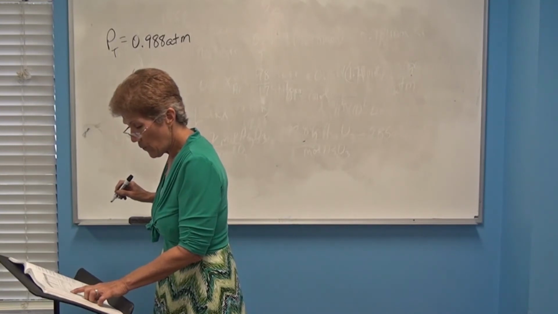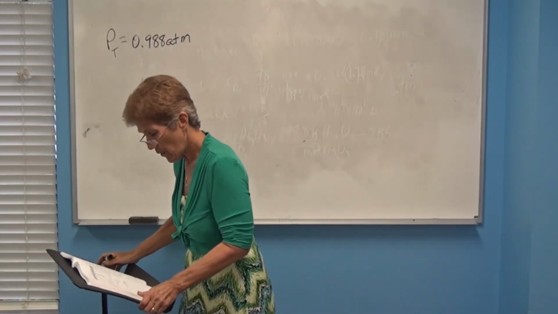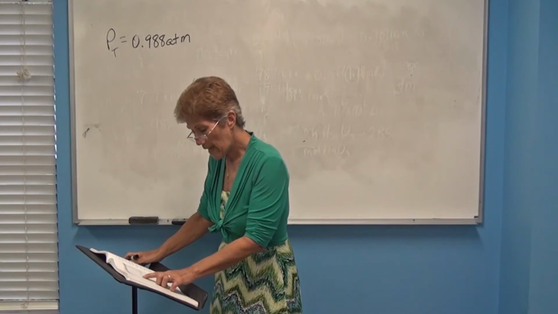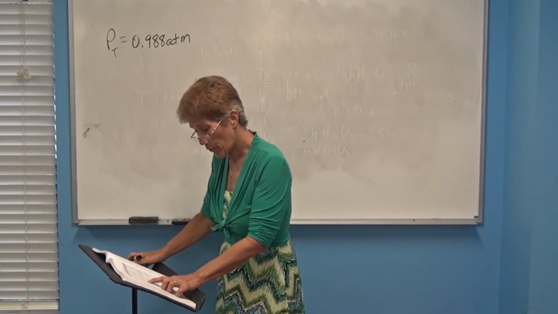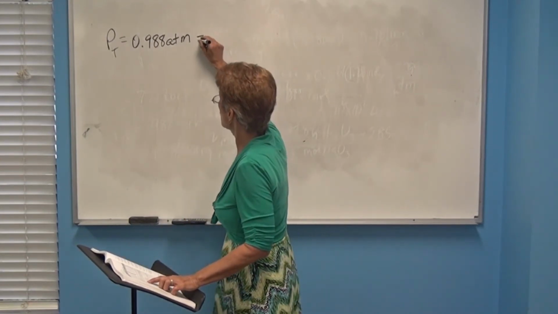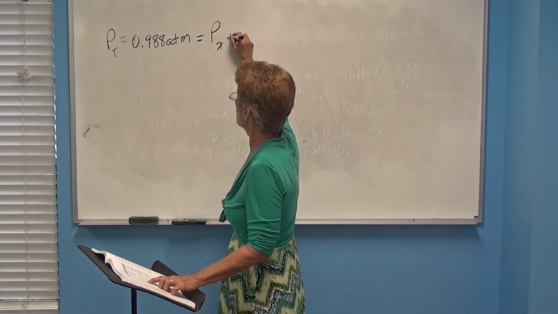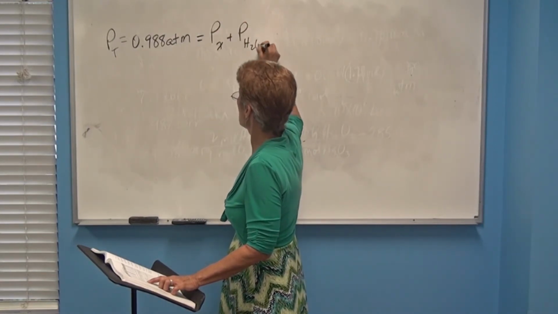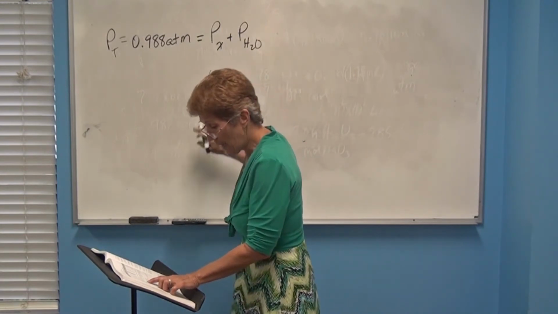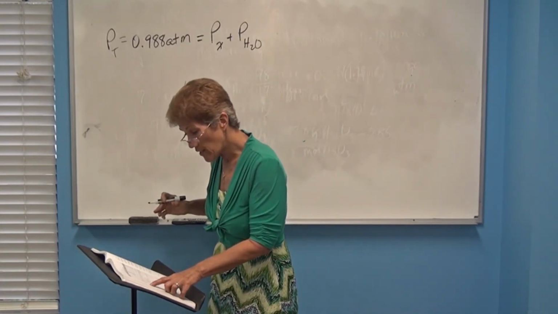And so we're told that the reaction happens over water. So we know that this is going to equal the partial pressure of what we're looking for, let's call it X, plus the partial pressure of water at that temperature. So let's find that because we're given the chart. It's at 40 degrees.